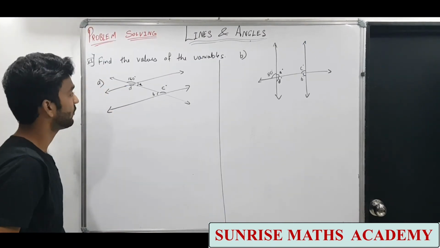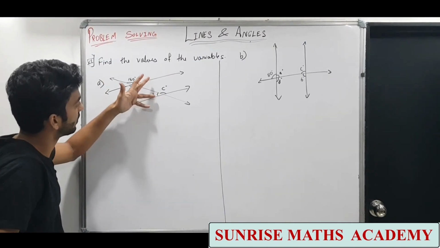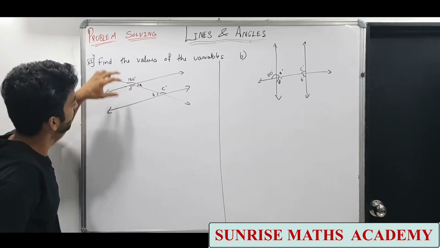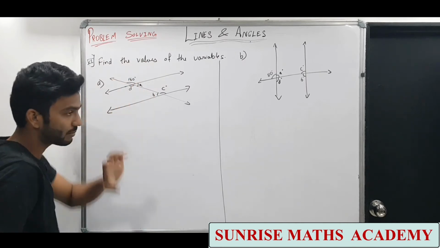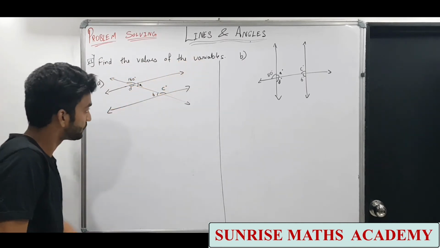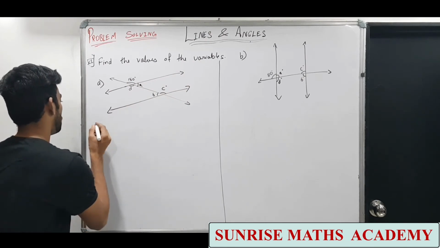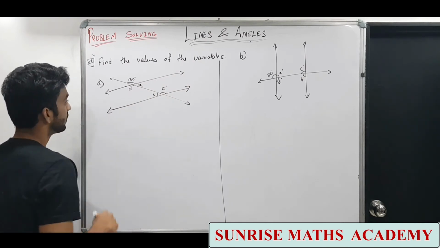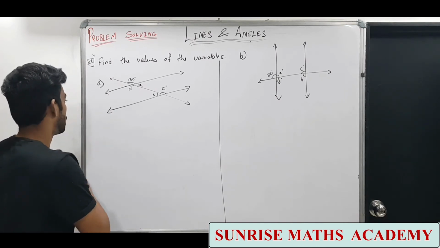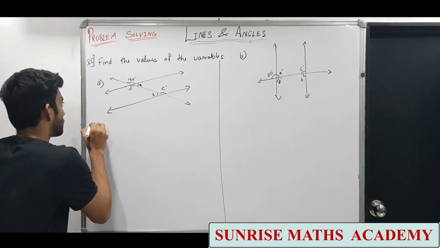Now here also we have figures, parallel lines are given and there is a transversal, but one measure is given and 4 variables are given, so we have to find the values of these variable angles only. So we will use that same concept when there are two parallel lines and a transversal, those relations we'll use.